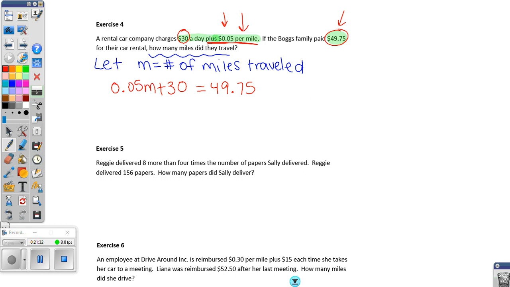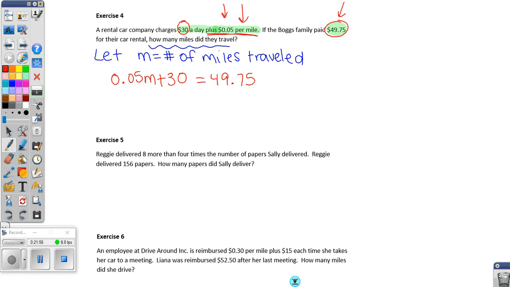Again, we're multiplying because we don't know how many times we're adding this number. So the final equation is 0.05m plus 30 is equal to 49.75. You know the drill: solve the equation, and write a sentence to conclude your answer.